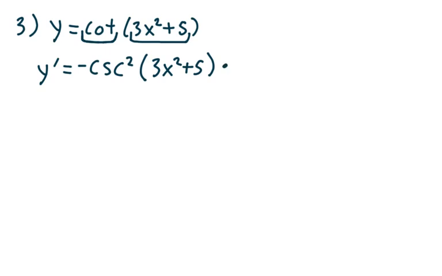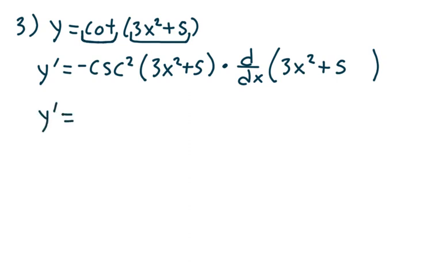And then I'm going to multiply by the derivative of that inside function. Again, think about it like peeling an onion, right? And so y prime is negative cosecant squared of 3x squared plus 5 times 6x.